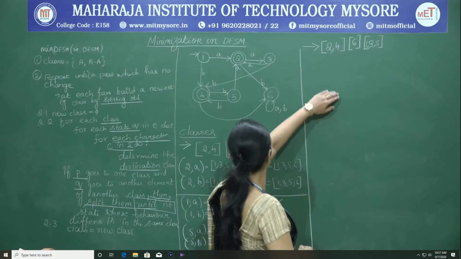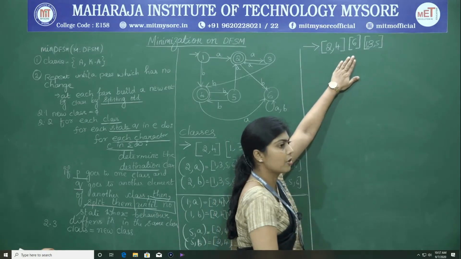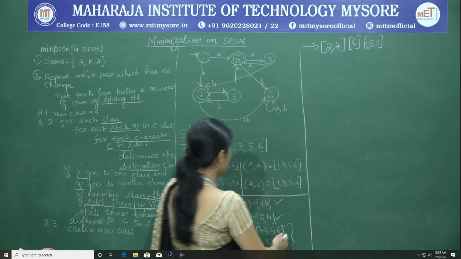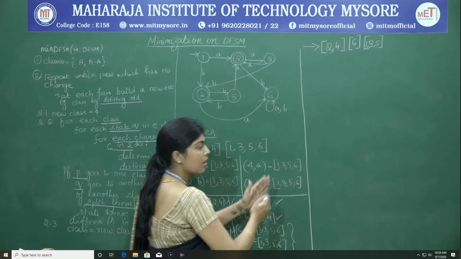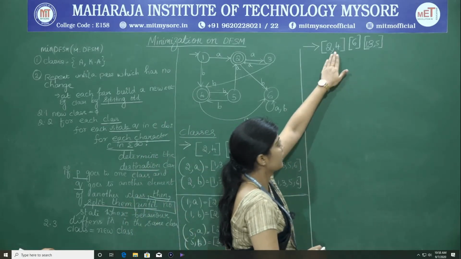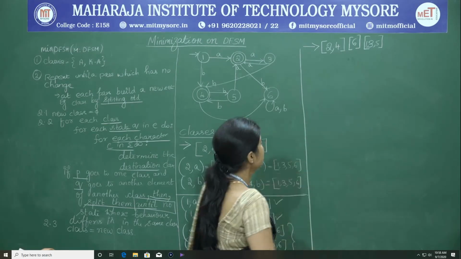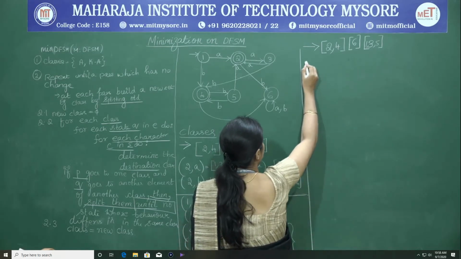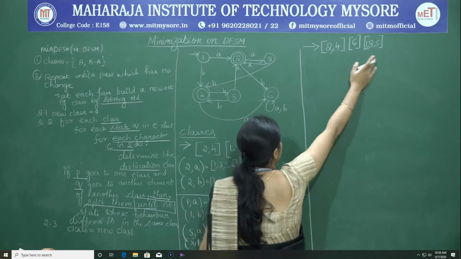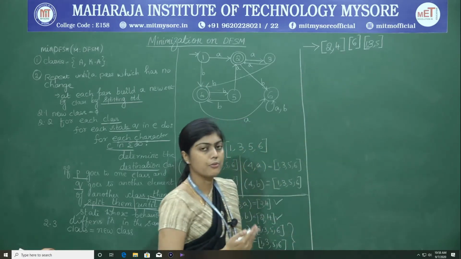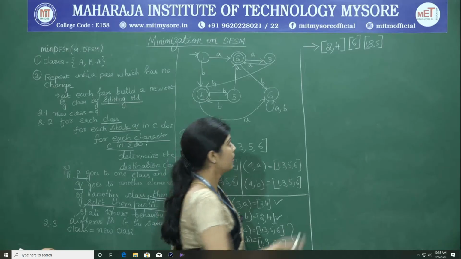So we can also see that 2, 4 and 6 have got the same behavior because all of them are going to the same destination classes, but we are not supposed to combine them with the existing class. So 6 is going to be a separate class. So next, again we have to consider the 3 classes and find out if we can split them further.